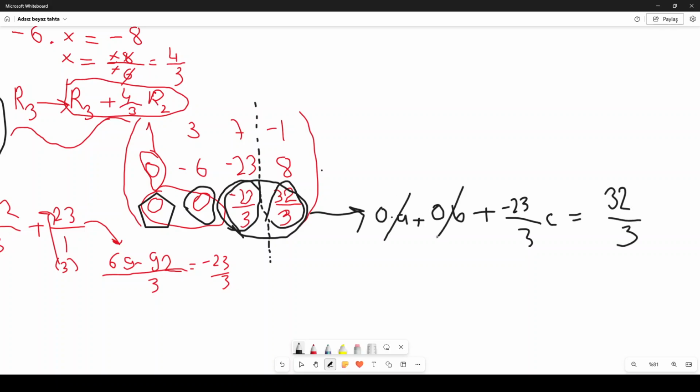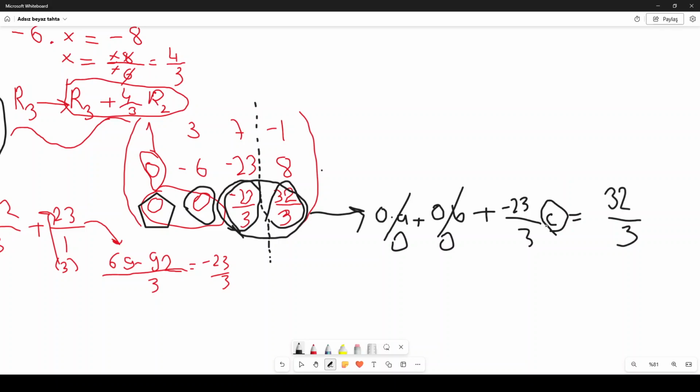So these are already 0, right? We don't need to write them, but I'm just trying to indicate what they are, and how things become easier now. Look at this equation. We have only one unknown variable. This is what I've been talking about since the beginning of the lecture series.